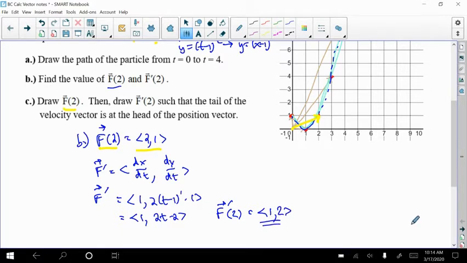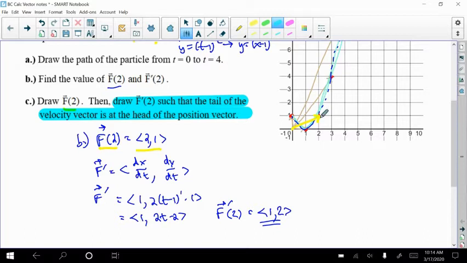Now here's the difference between a velocity vector or a derivative vector versus a position vector. So if you read part C, it does say, and kind of gives us away, you're going to draw it so that the tail of the velocity vector is at the head of the position vector. And so this is my, I guess, tip to tail.